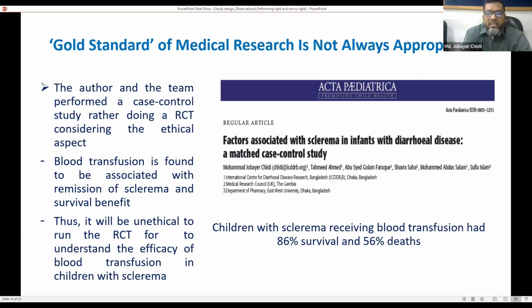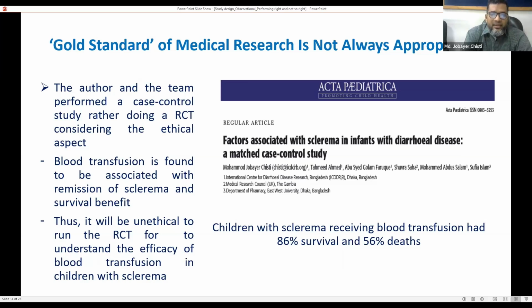And if you see that, children with scleroderma receiving blood transfusion had an 86% survival rate, and those who did not receive it, their death rate was 56%.